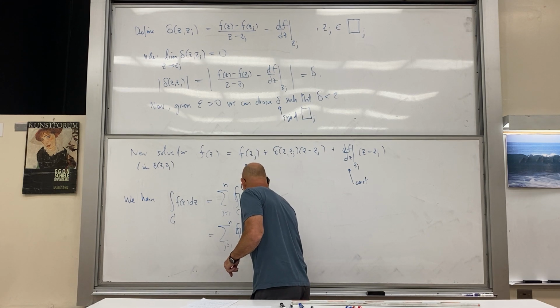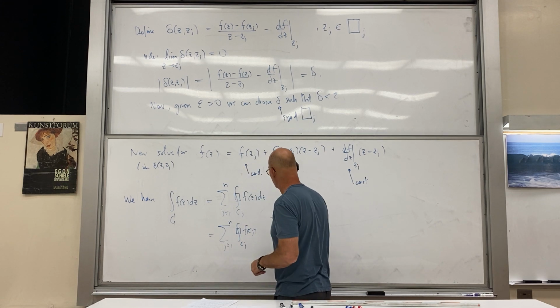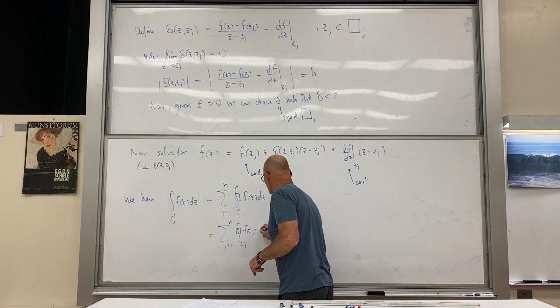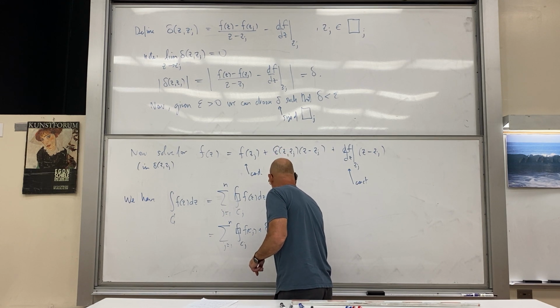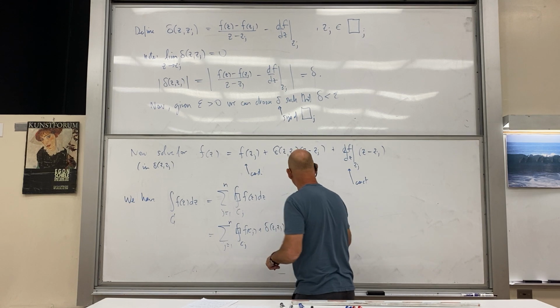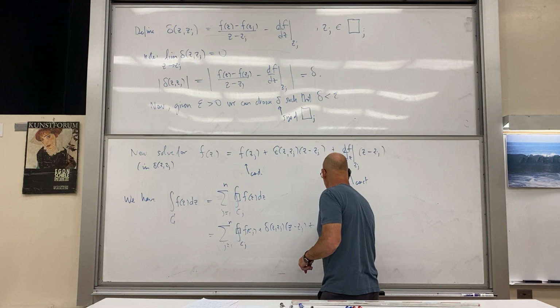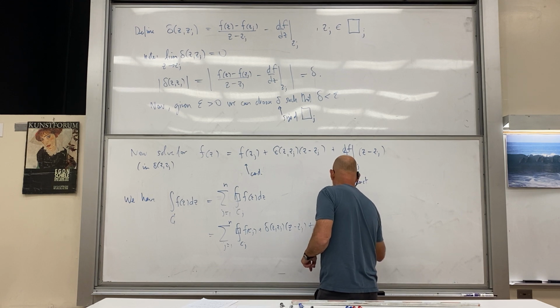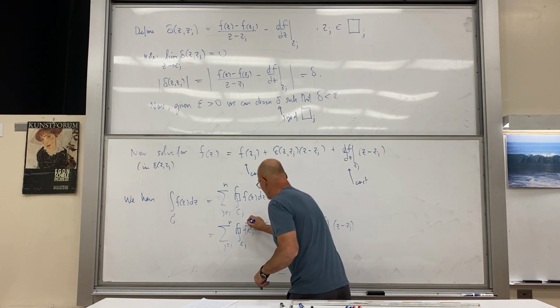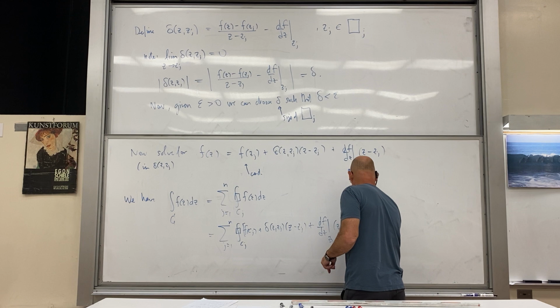f of c sub j plus delta z sub j, z minus z sub j, plus df dz evaluated at z sub j, z minus z sub j, dz.